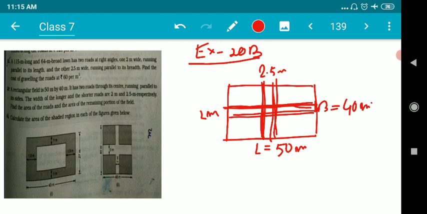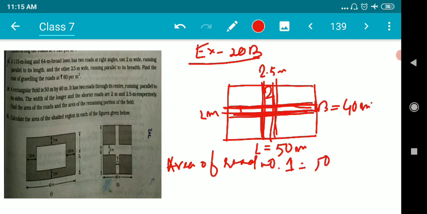Children, the very first thing we need to do is find the areas of these two roads separately. Let me name the longer road as road number 1 and the shorter road as road number 2. Area of road number 1: what is the length of this road? Length is 50 meter.